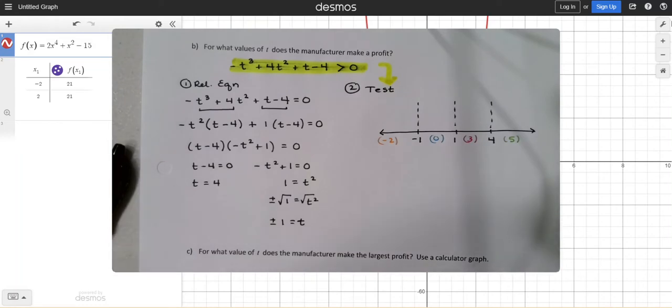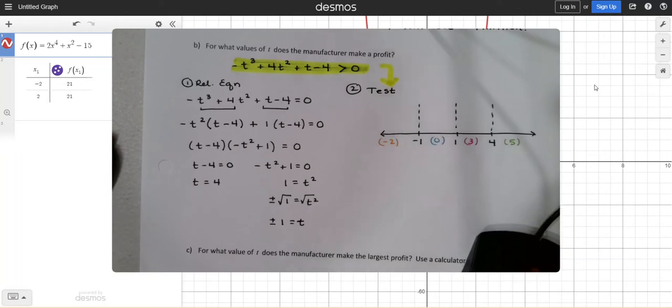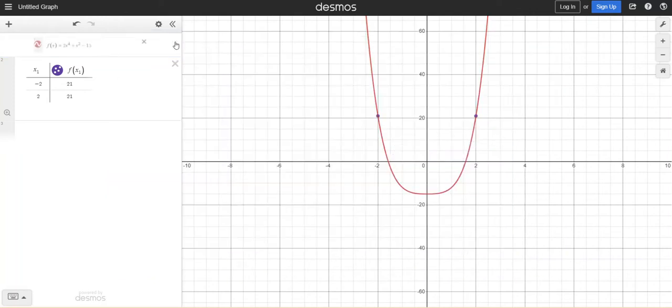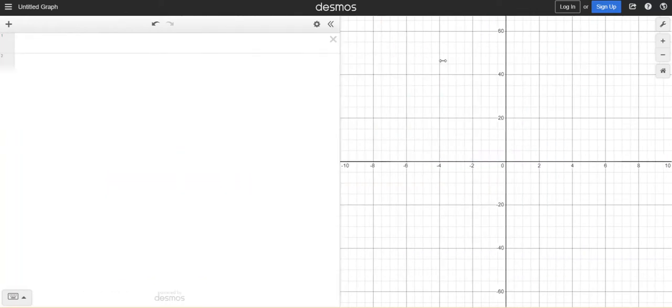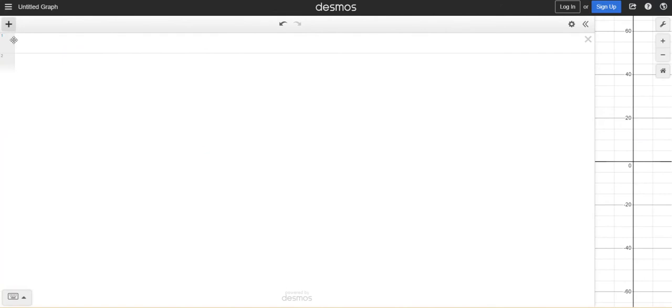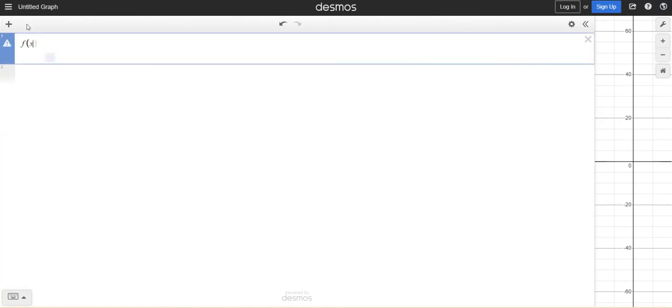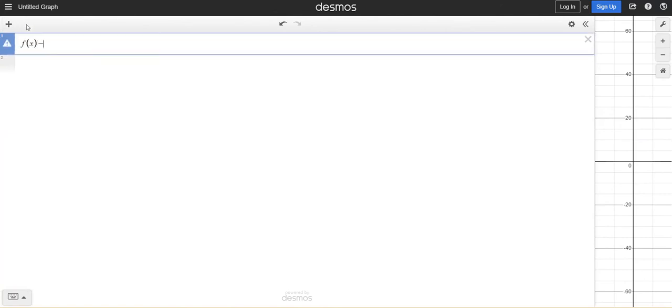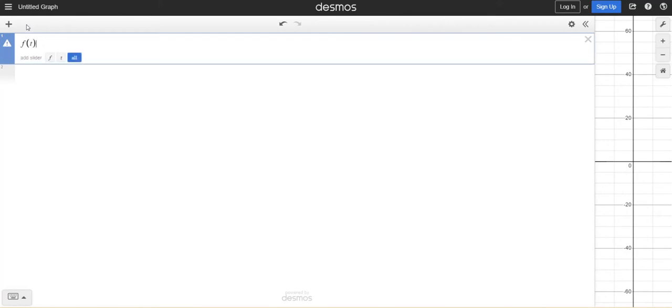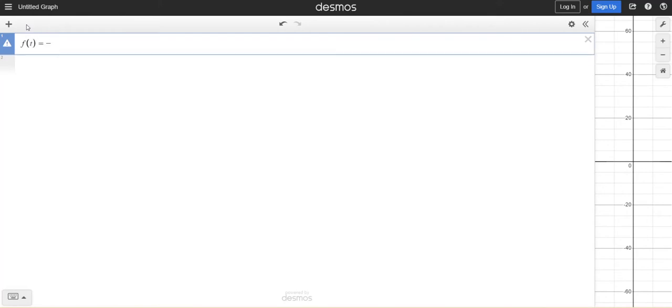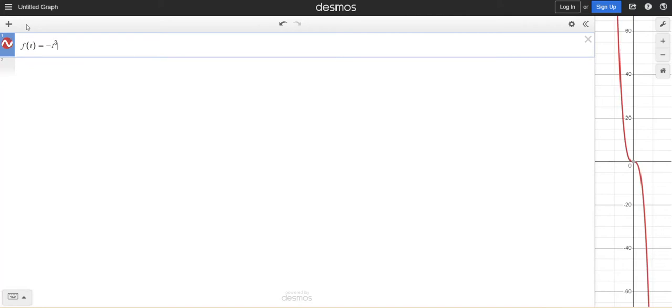So I am definitely going to put that into Desmos so that I don't have to spend a lot of time doing arithmetic. Get the graph out of the way for now. My function this time is f of t, negative t cubed plus 4t squared plus t minus 4.